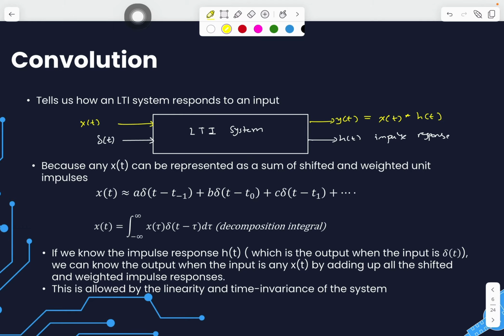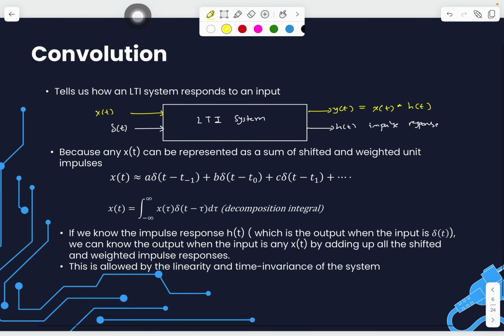And this is possible for two reasons. First, because the system is LTI, linear time invariant, and secondly, because x of t itself can be represented as a sum of shifted and weighted unit impulses. So we can see this from this approximation or this decomposition integral.